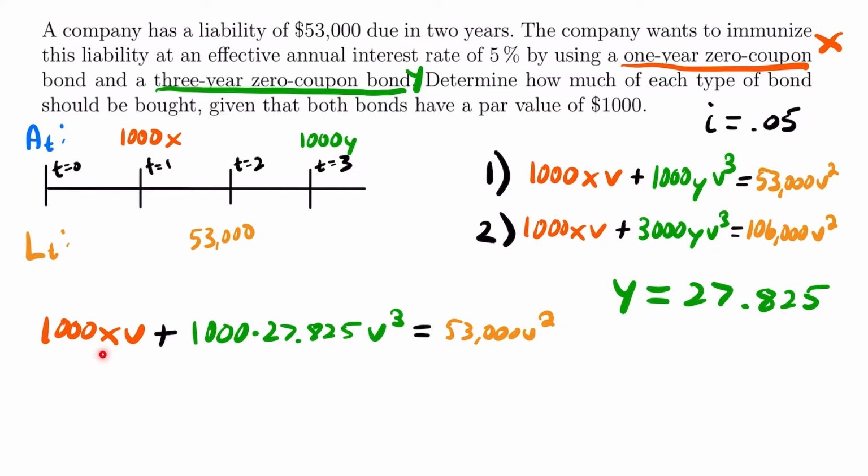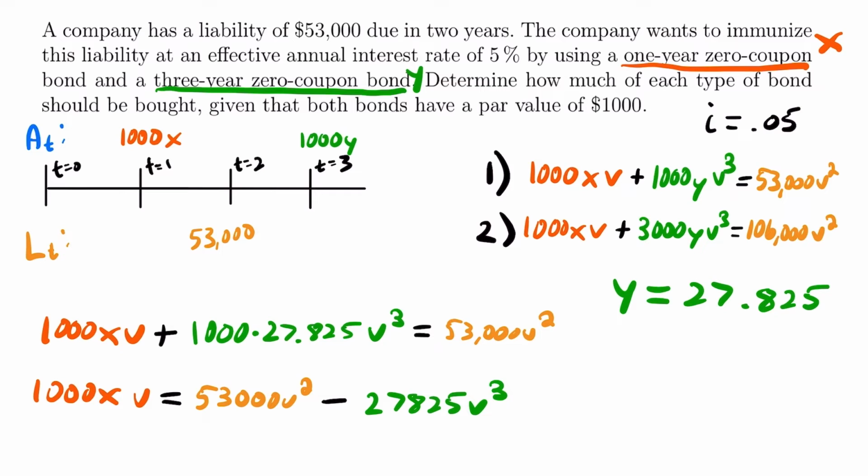Now, in order to solve for x, the first thing that we need to do is subtract this term from both sides of the equation. So we'll have 1000x times v is equal to 53,000 v squared minus 1000 times 27.825 times v cubed, and that will become 27,825 times v cubed. And then to solve for x, we just need to divide both sides by 1000v.